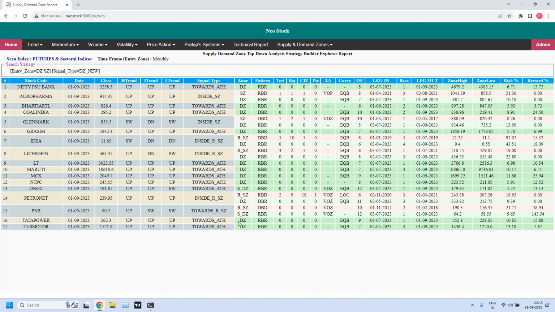All the stocks marked with dark green color are all-time high zones. Because the time frame is monthly, all these dark green color zones are all-time high monthly demand zones.